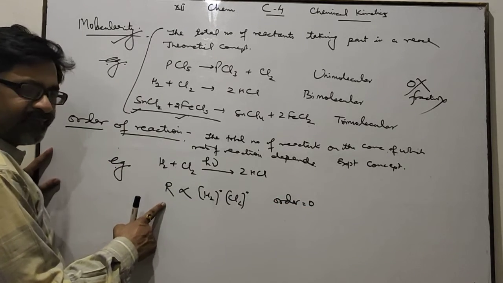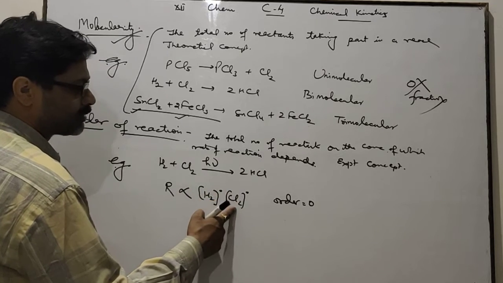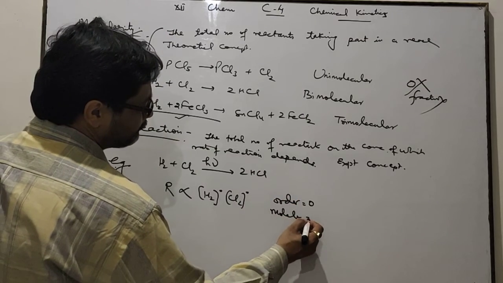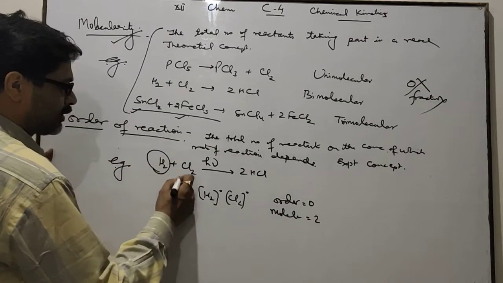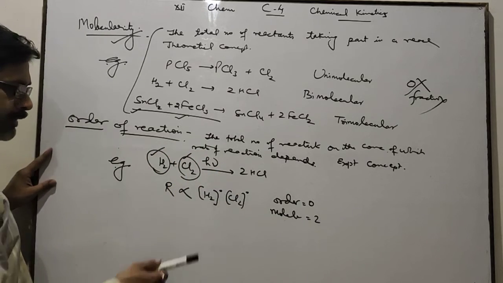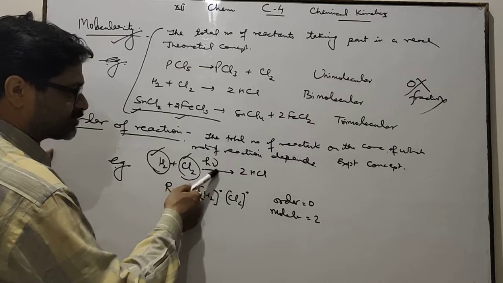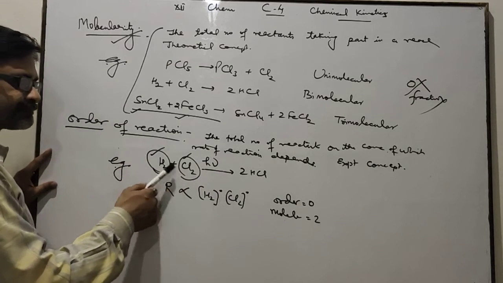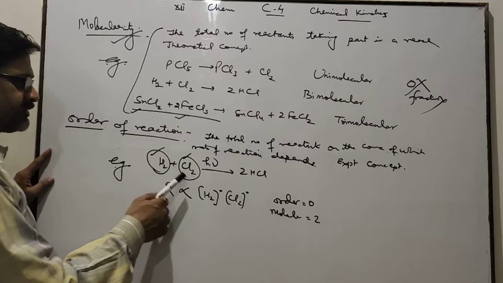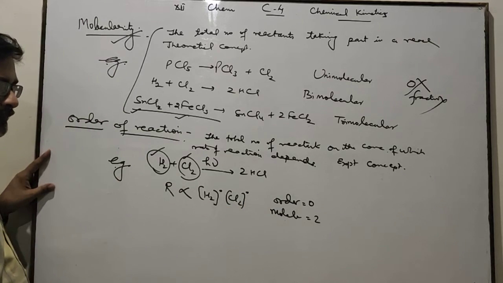Hence the order will be 0, but the molecularity will be 2 because the total number of reactants is 2. In this reaction, the rate depends on the presence or absence of light, not on the concentration of H2 and Cl2. Hence the order is 0 and the molecularity is 2.